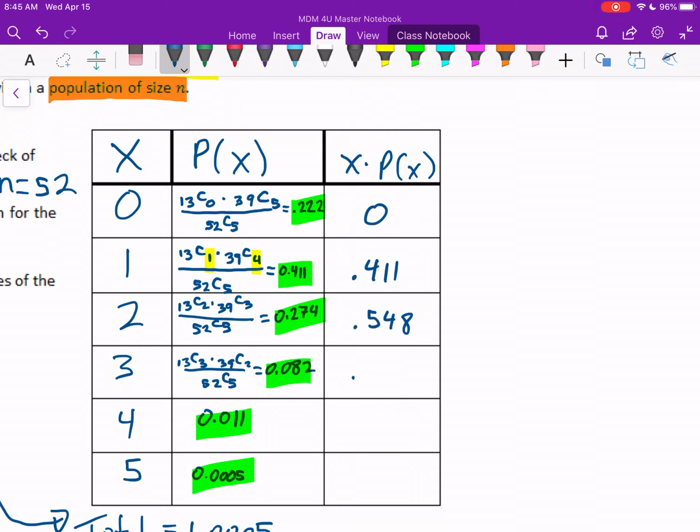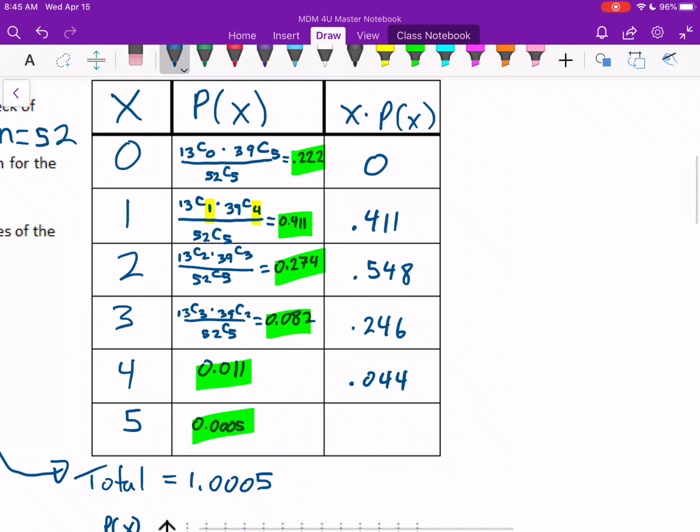And then 3 times would be 0.246. 4 times 0.44, and then 5 times this is 0.0025.